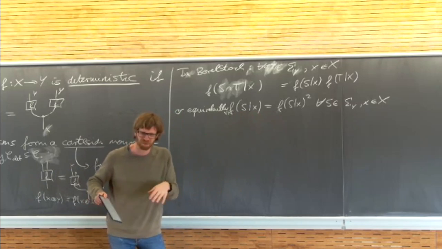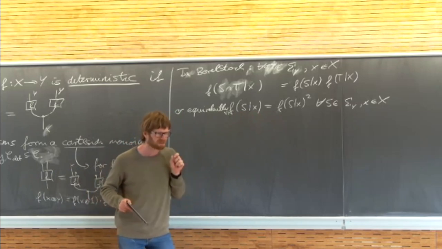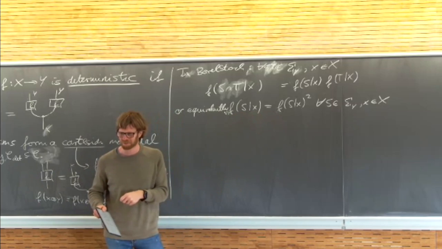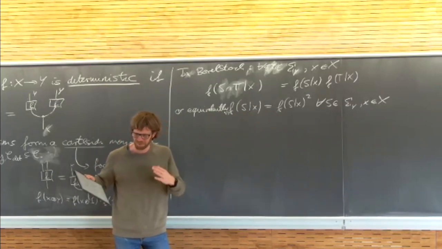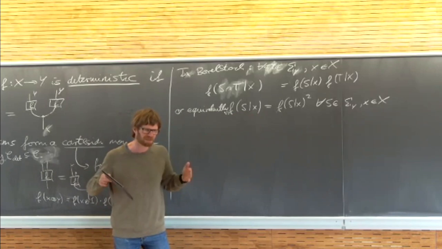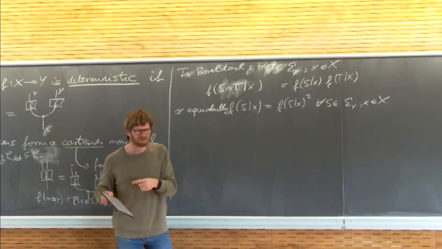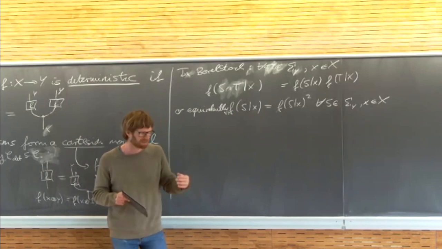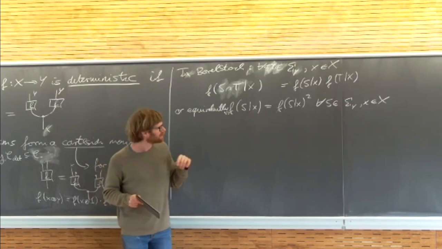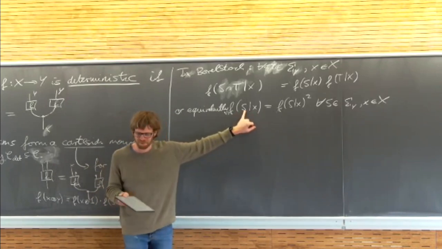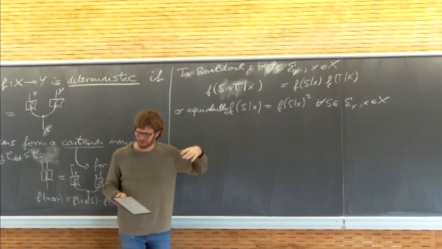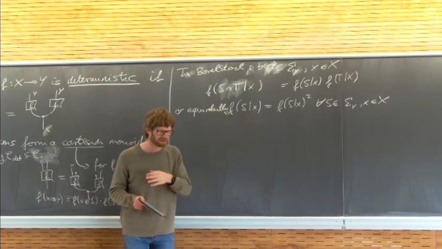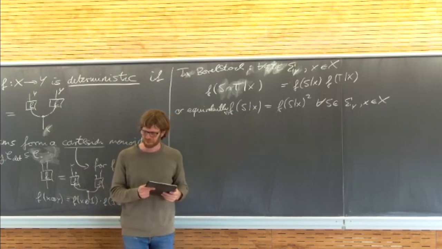It is not true on general measurable spaces that a measure taking only the values 0 and 1 is necessarily a delta. But for standard Borel spaces, it's true, and it's a delta at a unique point. So both the existence and the uniqueness are important for us.